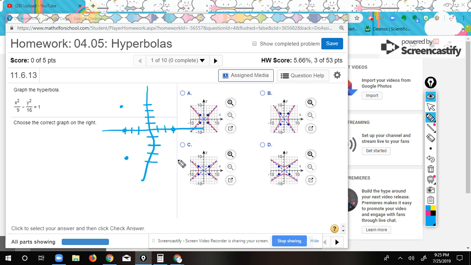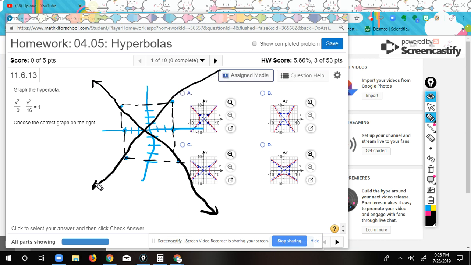Sorry for my curvy axis there. What this does is draw somewhat of a rectangle, and it helps us draw in these asymptotes. These asymptotes are values that are not part of the graph, but they help us draw in the shape of the hyperbola.